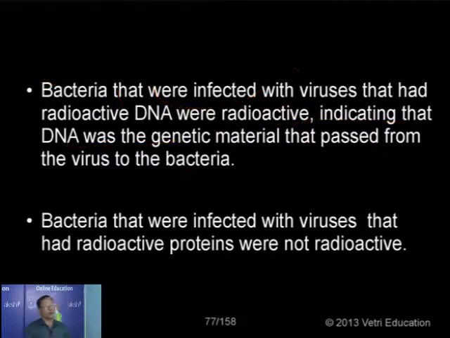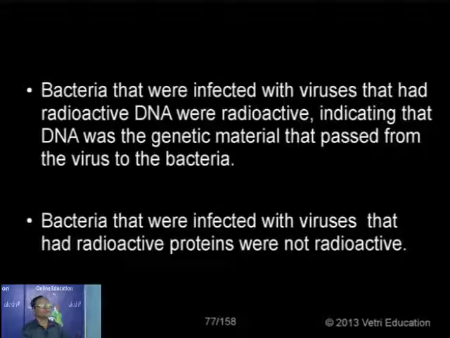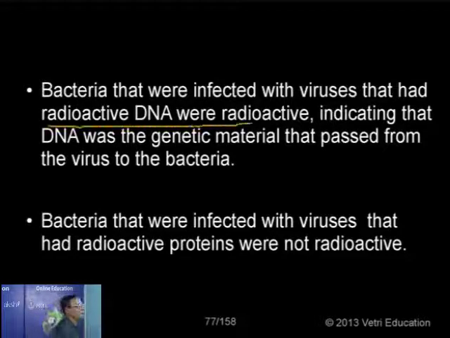Now, number one. So first, what would happen? The bacteria that were infected with the viruses that had radioactive DNA became radioactive. Those bacteria which were infected with viruses that had radioactive DNA became radioactive. That means only the DNA entered into the bacterium and not the protein coat.